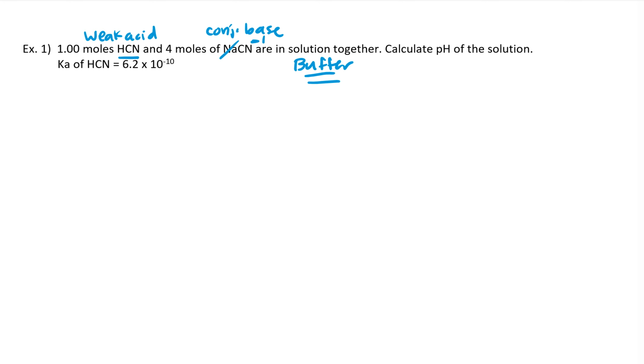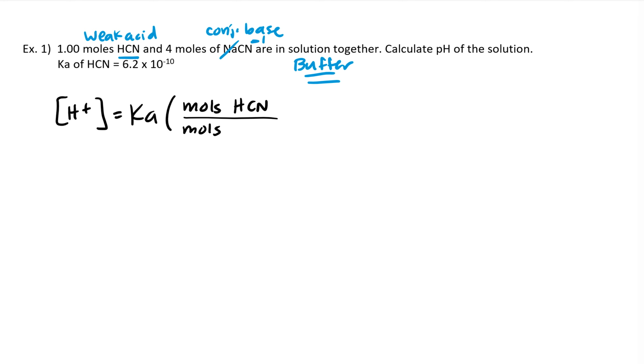So we're going to follow the formula above. The concentration of hydrogen is equal to Ka times the moles of your weak acid. And our weak acid here is HCN, over the moles of its conjugate base, just knock off a hydrogen, and it's CN minus.